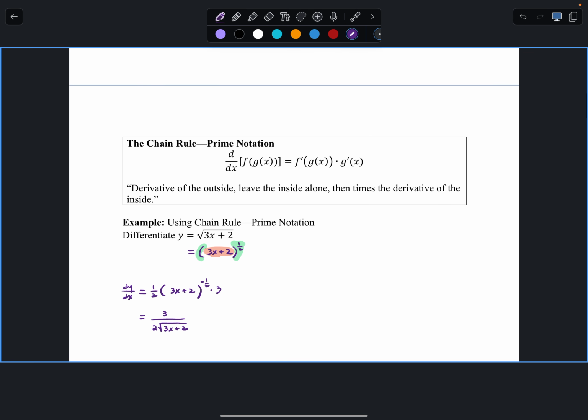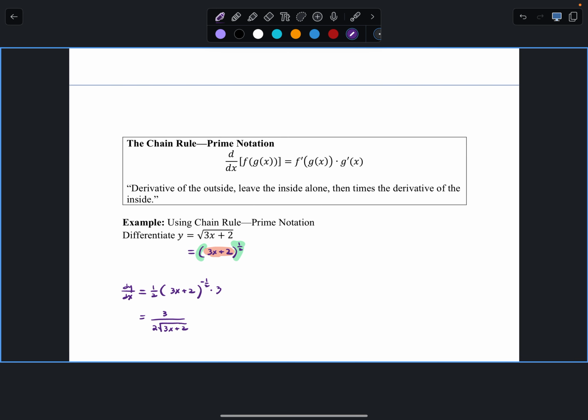Now, in the last two examples where I took you through finding the derivative, thinking through this prime notation, didn't it feel like we were very much using power rule? We used power rule to find the derivative of the outside function, leave the inside alone, times the derivative of the inside.